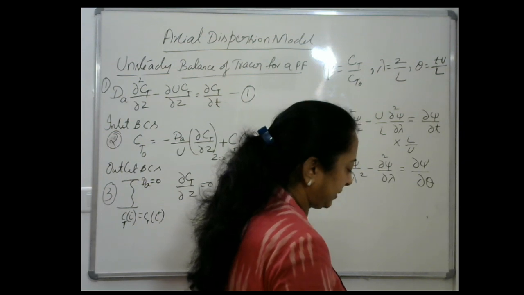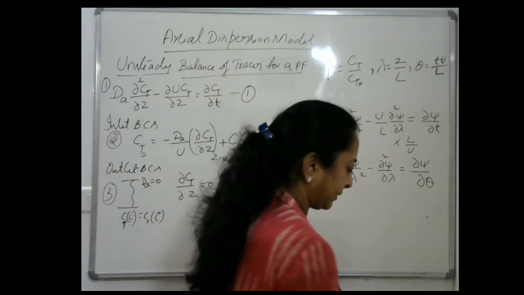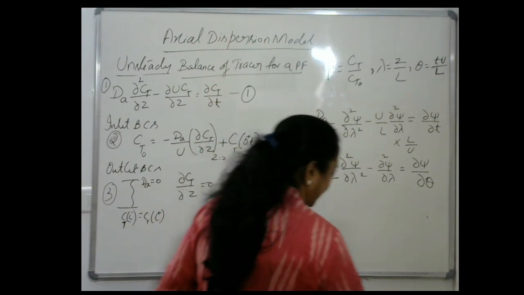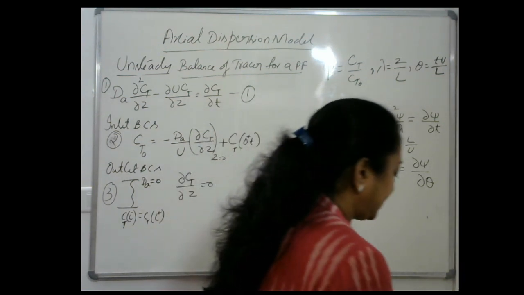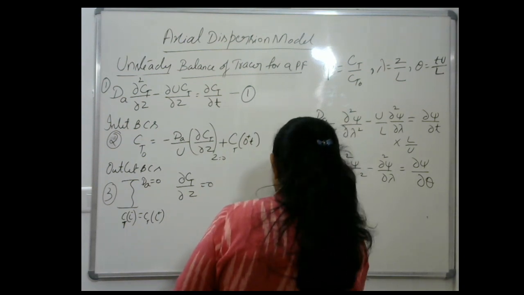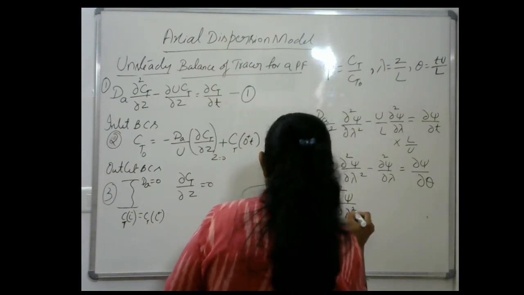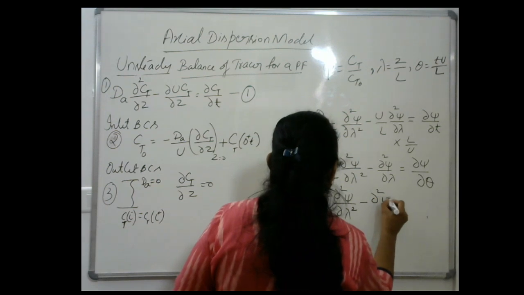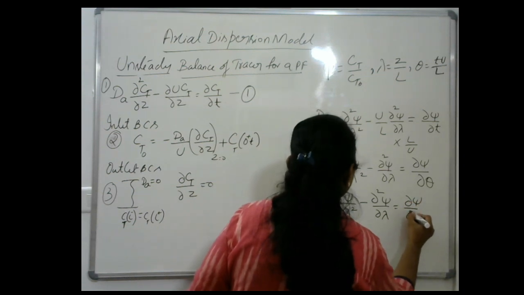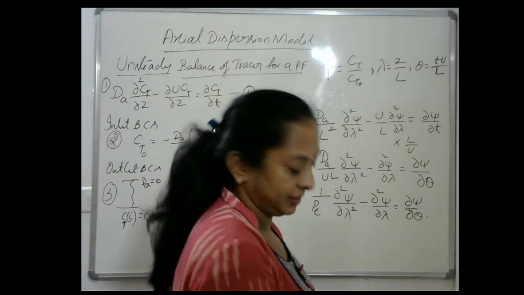I can write this equation as 1 by Pe dou square psi by dou lambda square minus dou psi by dou lambda is equal to dou psi by dou theta.